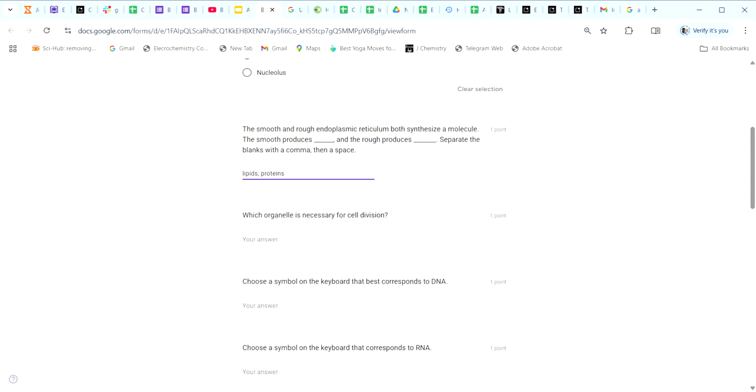For cell division, okay, I think it will be cytoplasm. Which organelle is necessary for cell division? It will be cytoplasm.